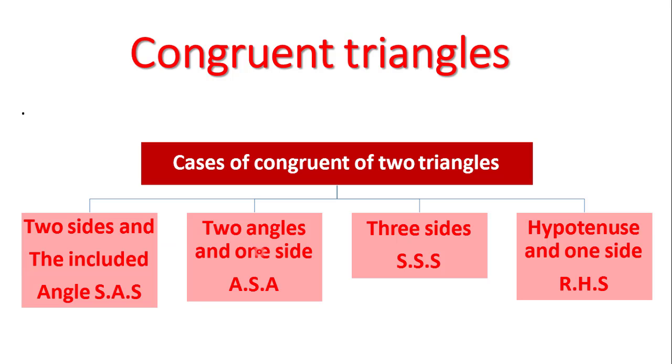The second case is angle side angle, or 2 angles and 1 side. The third one is 3 sides, SSS, it means side, side, side. And the last one is only the hypotenuse and 1 side, which means we have 2 right angle triangles: right angle triangles, hypotenuse, and side. We will explain each one separately.